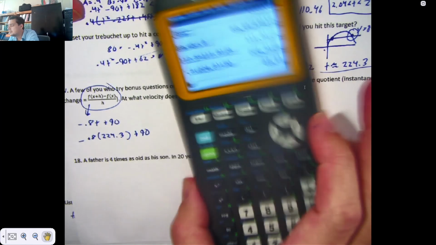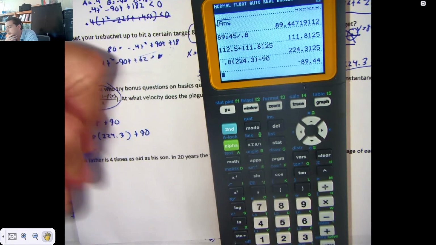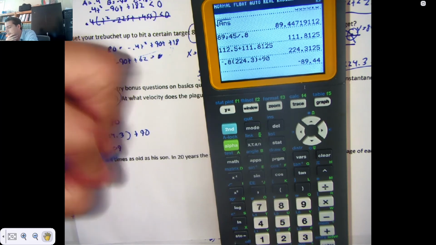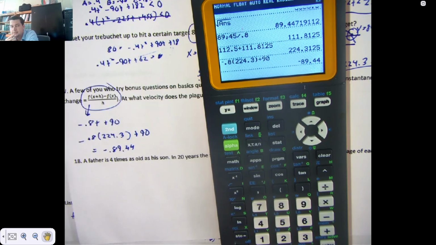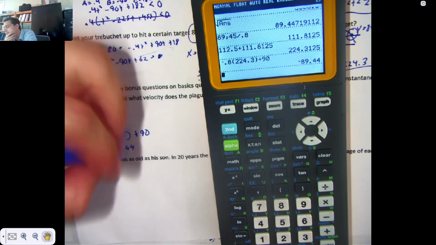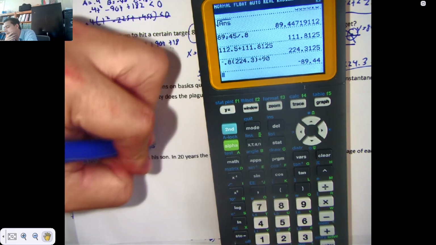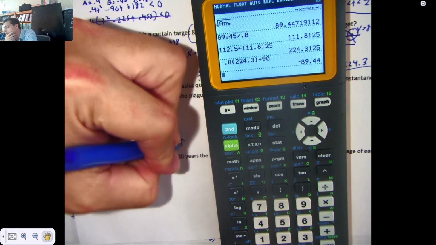The reason this is so low is because the problem is apparently not based on this planet, because it's saying the pull of gravity is not what it's supposed to be. It's supposed to be negative 16t squared. It's saying the pull of gravity is 8/10 of a foot per second squared, which on Earth is 32 feet per second squared. So anyways, it's moving 89.44 feet per second.